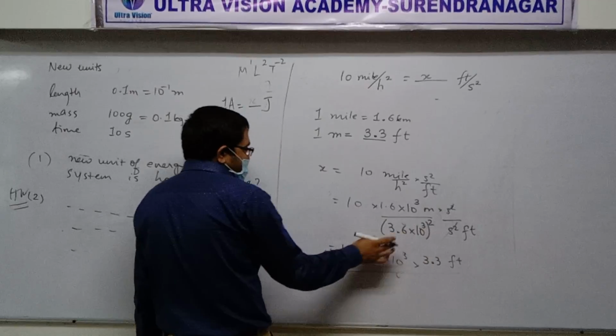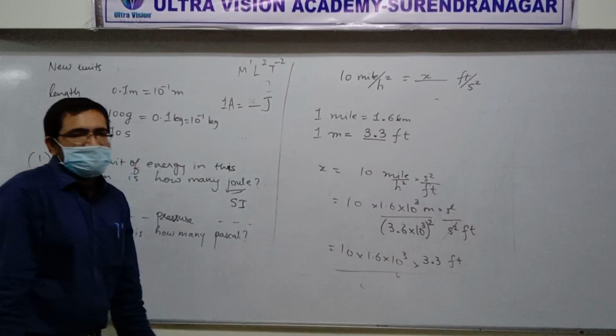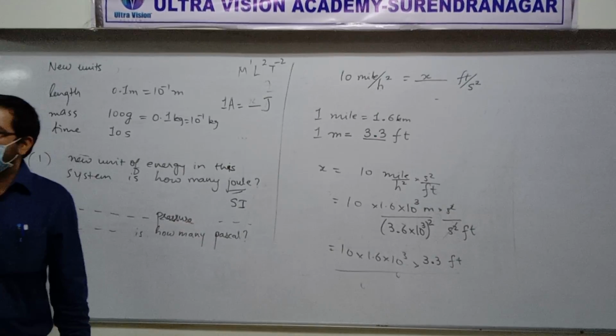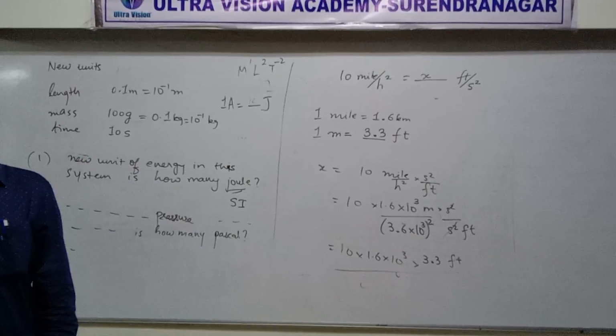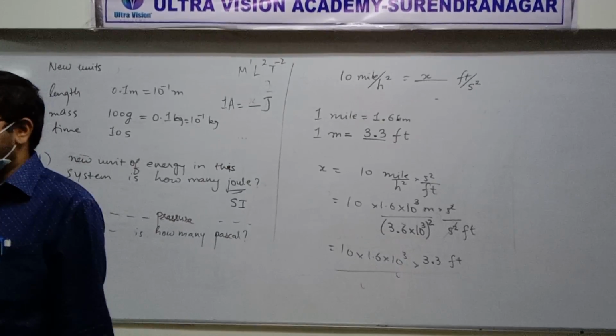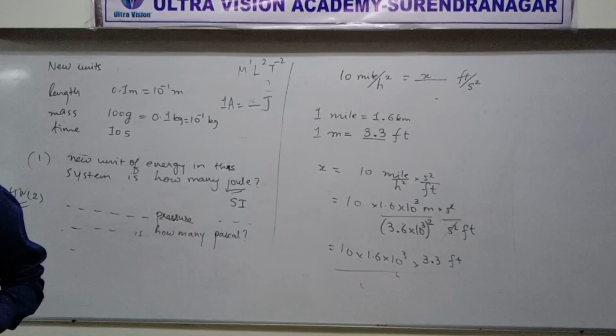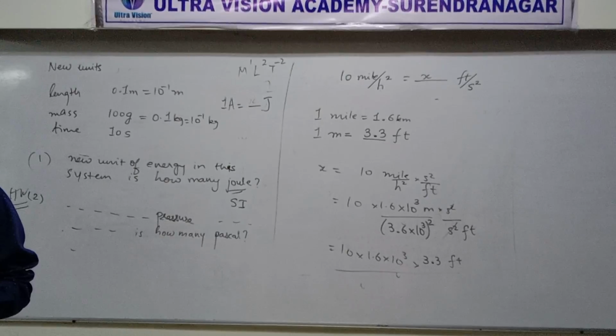Do you know 3.6 squared? Find it if you don't know. Whatever we don't know, we find it. Simple rules that we have. 12.96.